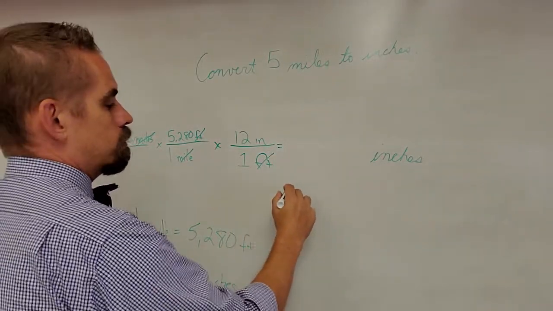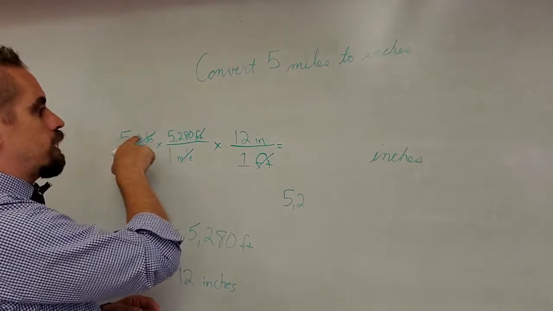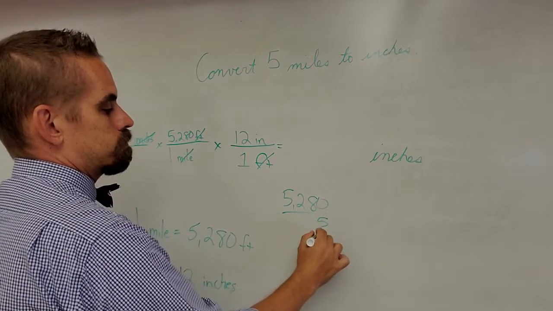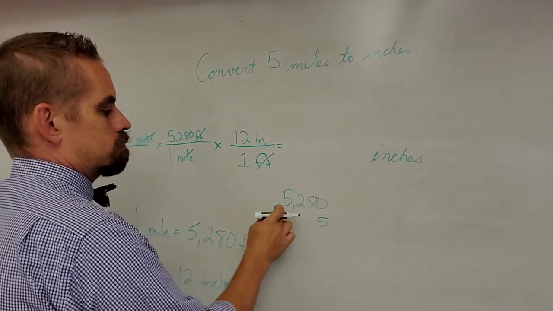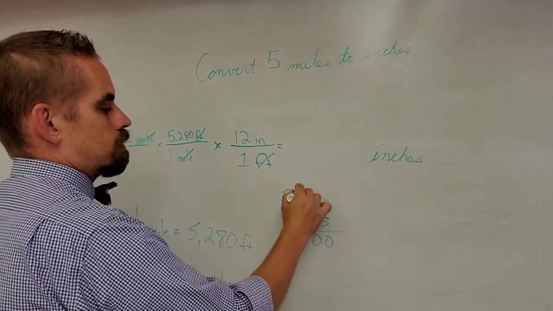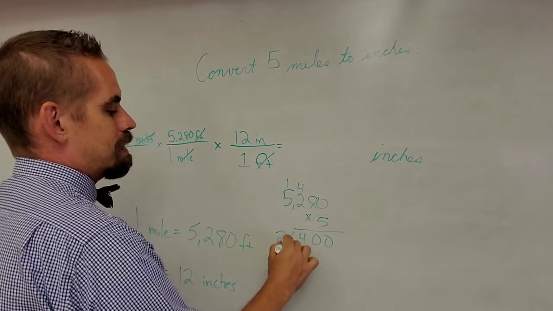Now we multiply straight across. First, 5 times 5,280. Oh, whoops. 5 times 0 is 0, 5 times 8 is 40, carry the 4, 5 times 2 is 10, 14, carry the 1, 5 times 5 is 25, 26.